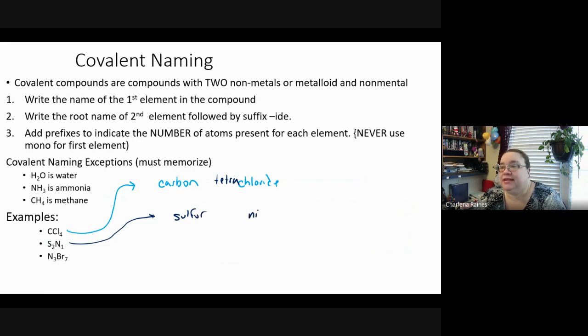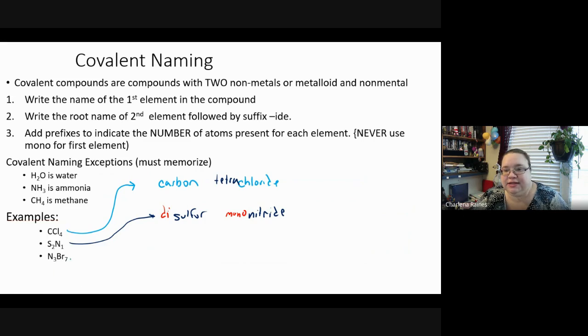I keep the nit, and I replace the gen with an IDE, nitride. And then I add prefixes to indicate the number of atoms. So my prefix for 2 atoms is di, so disulfur. And for 1 nitrogen is mono. This thing's name is disulfur mononitride.